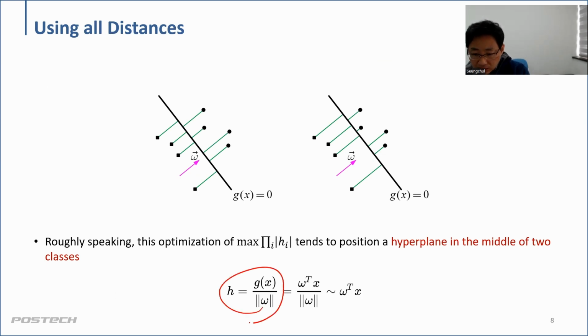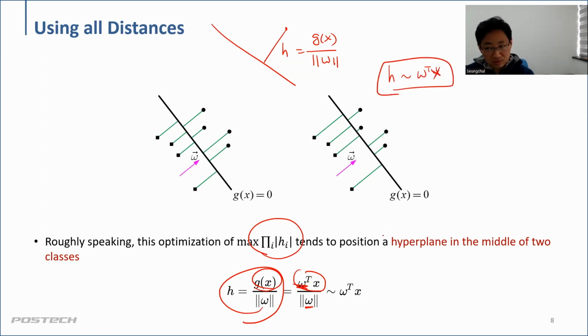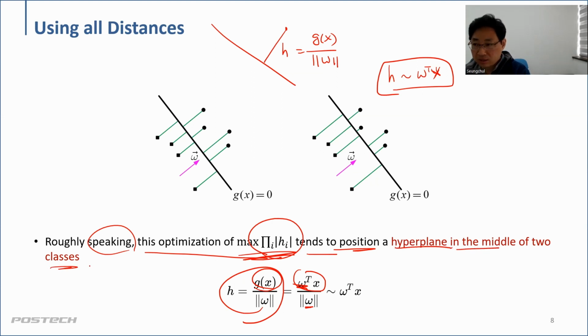We know the formula for any data point H is given by G of X with omegas, where G of X is omega transpose X. So you can assume that H is related to omega transpose X. It's not mathematically rigorous, but roughly speaking, maximizing it tends to position the hyperplane in the middle of the two classes.